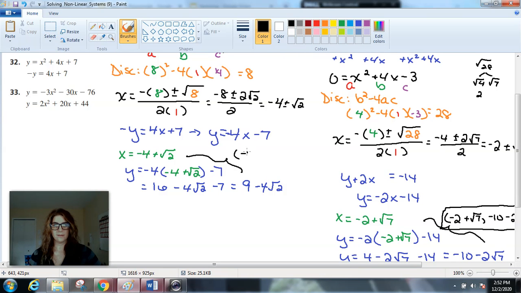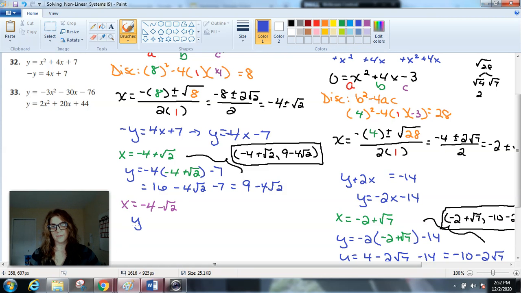So again, together we have these two. So that's 1. Then I'm going to do it the same with the second one, where now we're subtracting the radical.